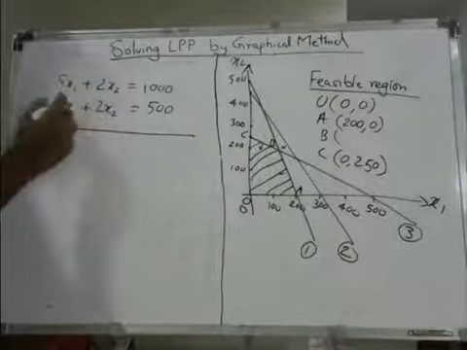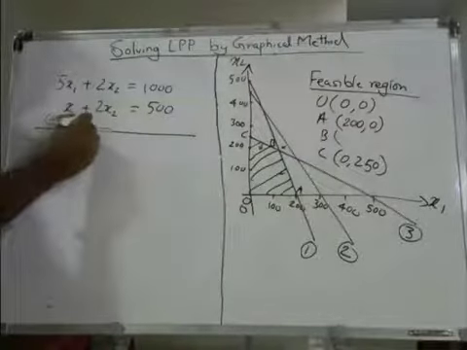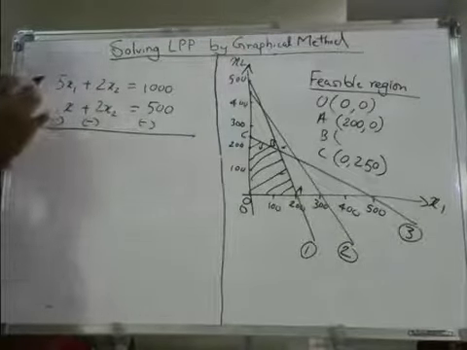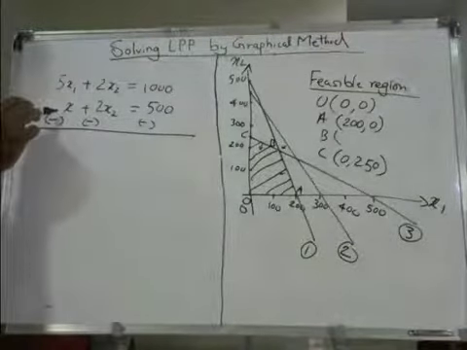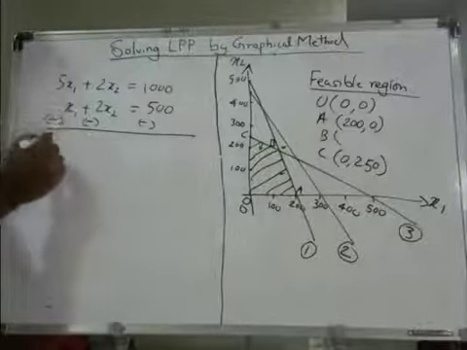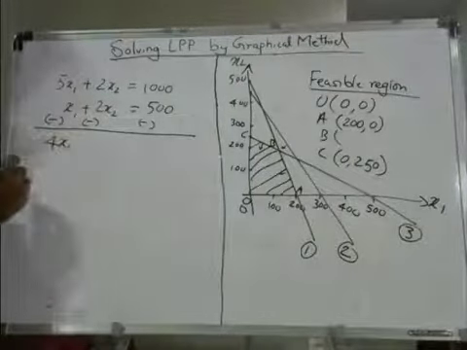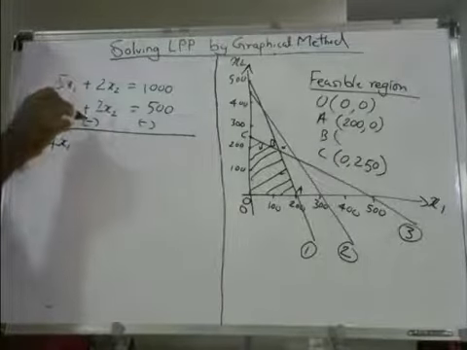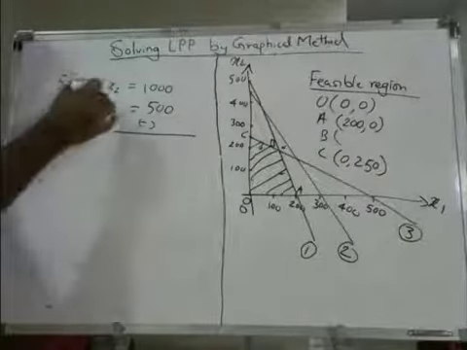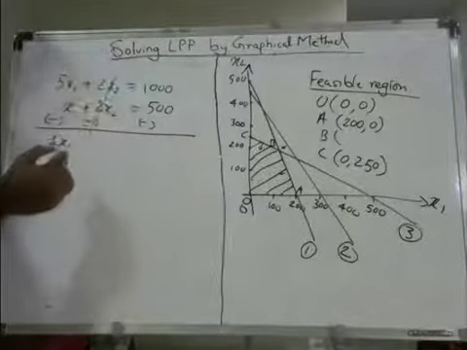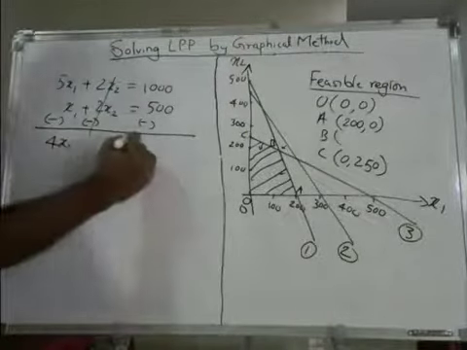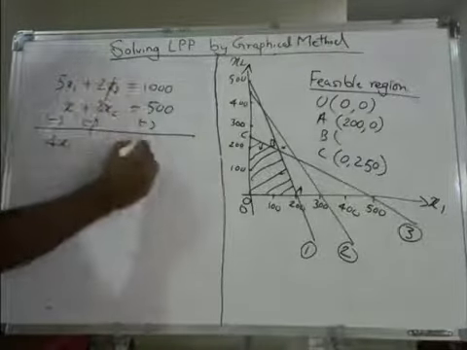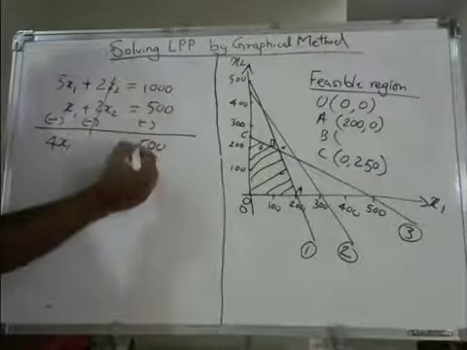So on both sides, if we take a minus sign here, that means 5x1 minus x1 will give you 4x1, 2x2 minus 2x2 you can strike off, and it is equal to 1000 minus 500, which is 500.